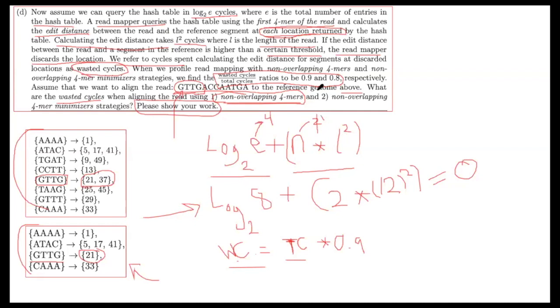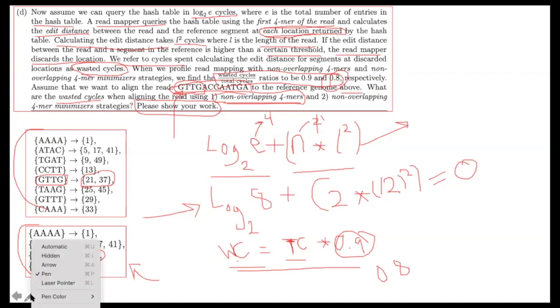And L should remain the same because we are using the same read. So we can directly apply this equation and calculate the WC, or the wasted cycles, but the 0.9 here would be 0.8 as given by the question. You can see it here. I hope this is very much clear.